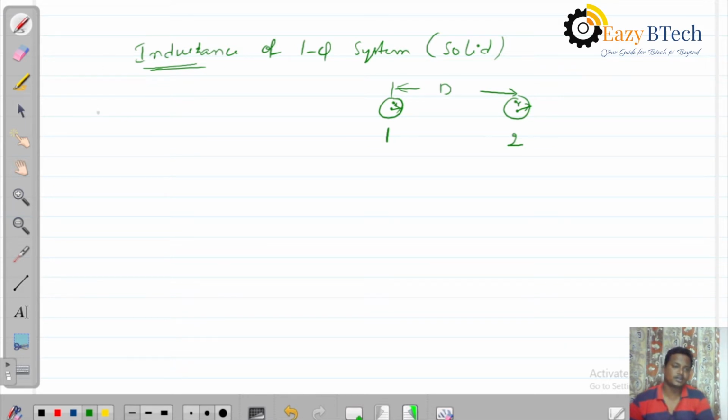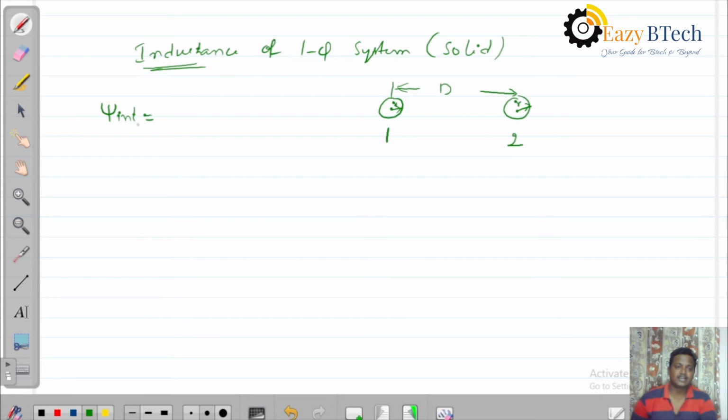Already we know the internal flux linkage of a conductor, which we discussed in the last video. If anyone does not have clarity on this, they can watch the previous video.